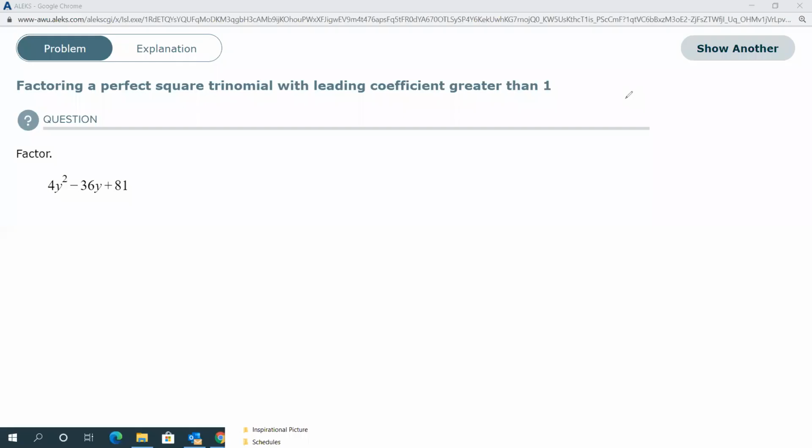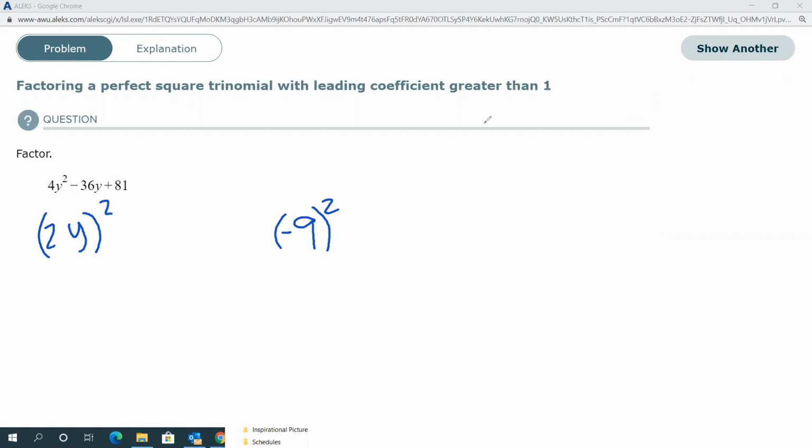Okay, now on this one, same thing, except now the leading coefficient is not 1. All right, but I can still write that leading term as something squared, and the last term, 81, as something squared. Okay, cool. But I've got that minus there, so I better just make it a negative 9 right off the bat.